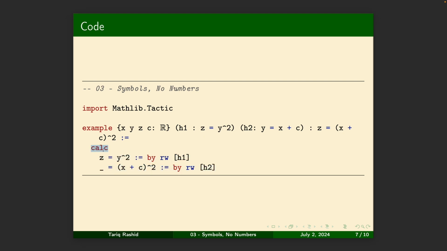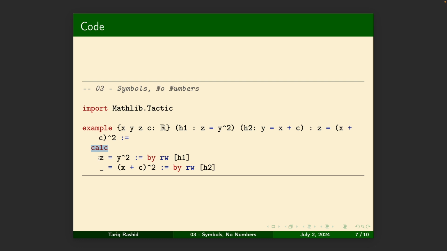Again, a reminder that calc is a strategy. It's a simple, direct proof by calculation. We said we weren't going to talk a lot about that because for now it doesn't really matter. It'll make more sense when we can compare it to alternative kinds of proof. So for now, we can almost make it invisible.